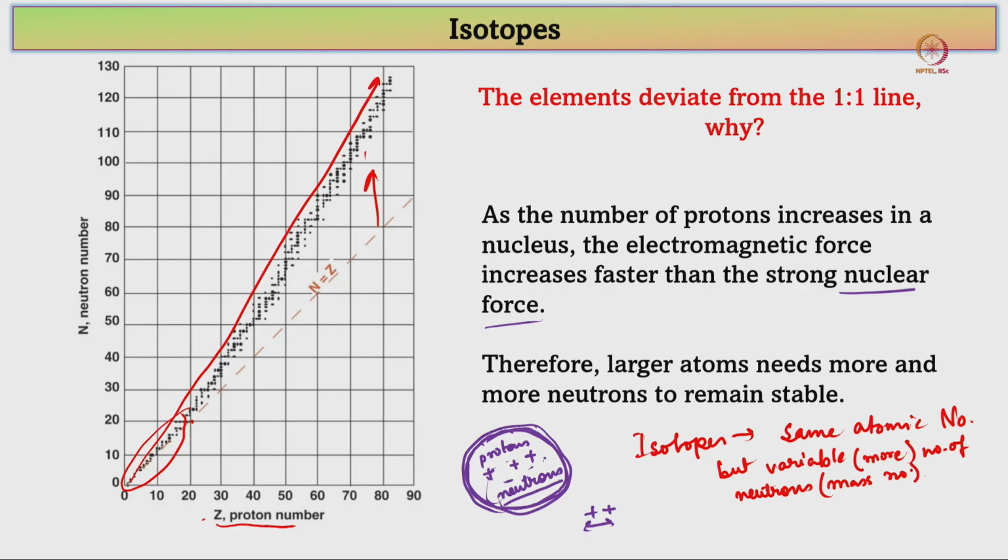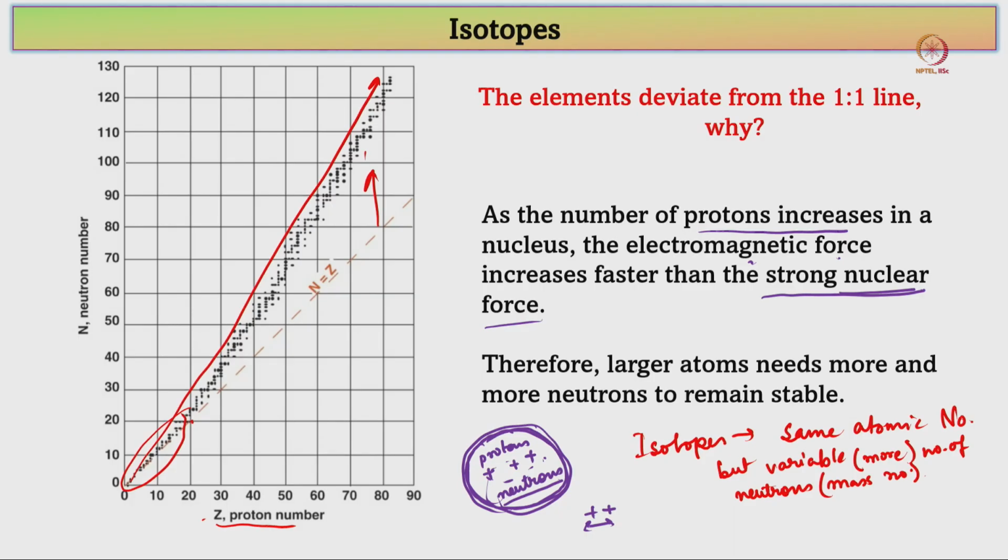But as the number of protons increases, the electromagnetic force increases, that means the repulsion increases more than the strong nuclear force. Therefore, more neutrons are required to make the atom more stable. So, we need more neutrons to build up that strong nuclear force to keep the atom stable.